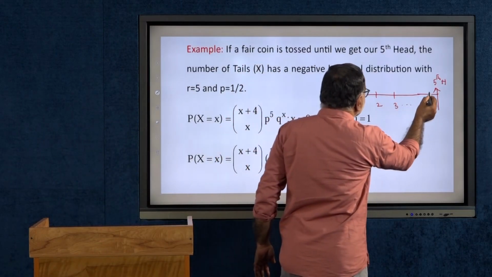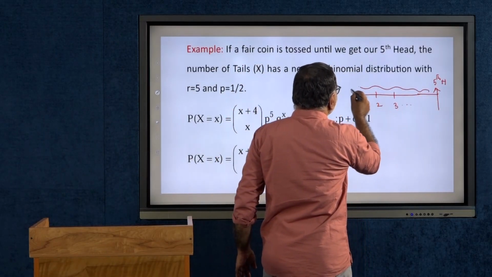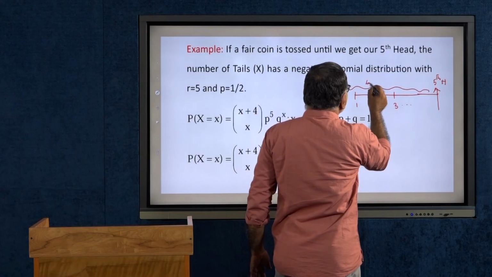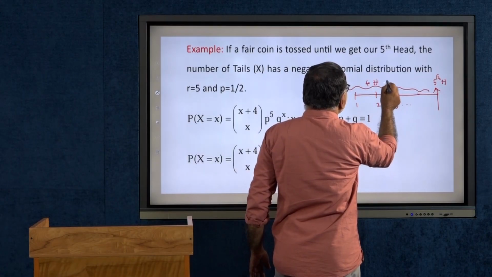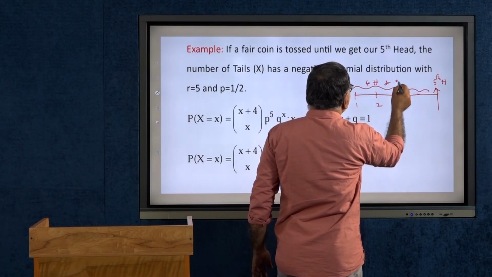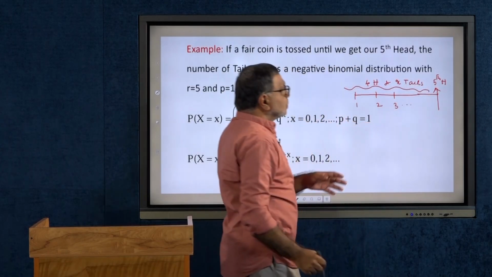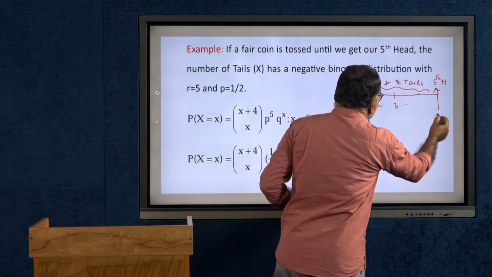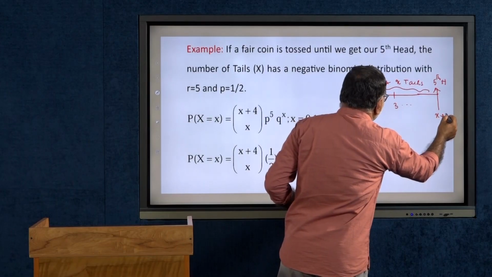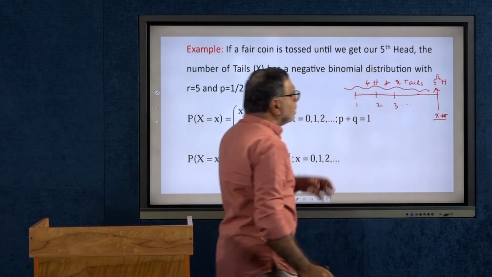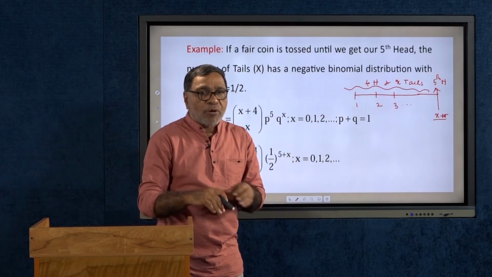So, before this we have 4 heads and X tails. Suppose this is the X plus Rth trial, and that is where our fifth head is obtained.